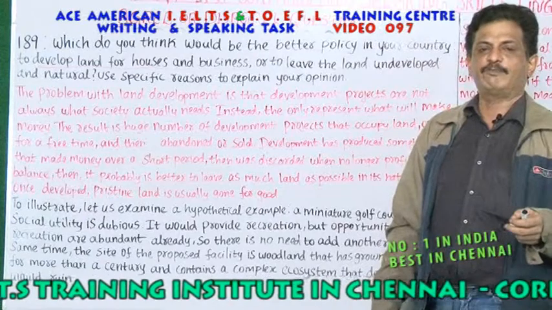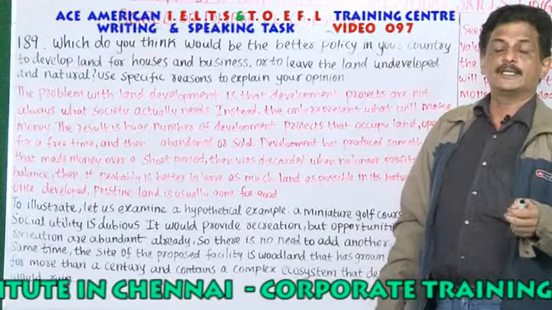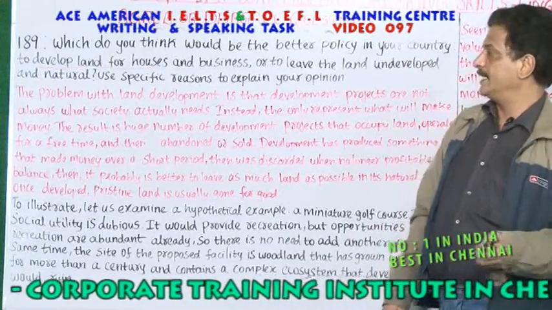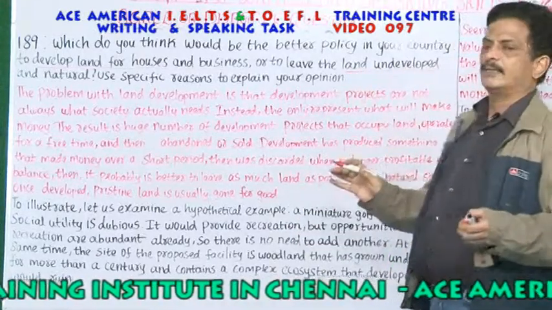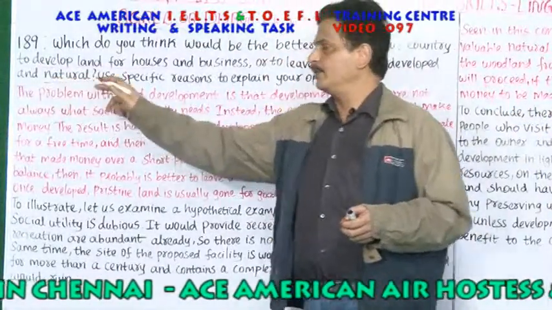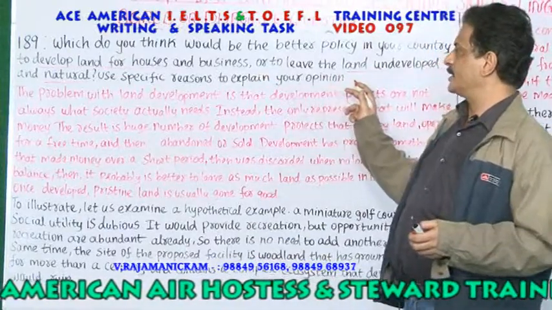Should it be left for building houses and developing factories, industrial complexes or business, or leave the land undeveloped, naturally, without disturbing it, without constructing any houses or factories? Use specific reasons to explain your opinion.